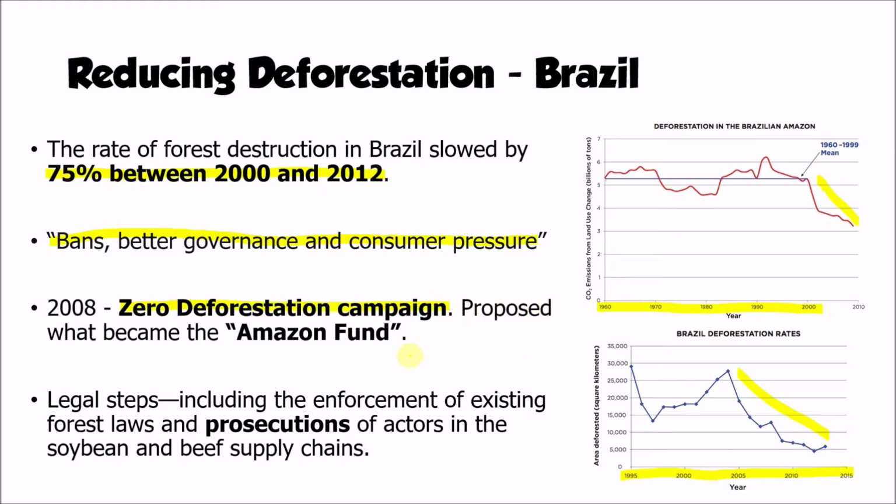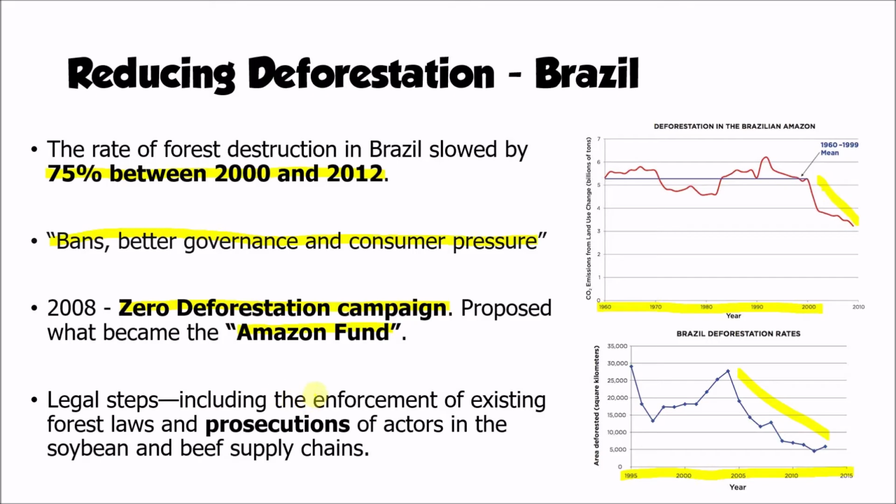They eventually proposed what became the Amazon Fund. The Amazon Fund is, as the name suggests, a fund of money that's available in order to help reduce these rates of deforestation.